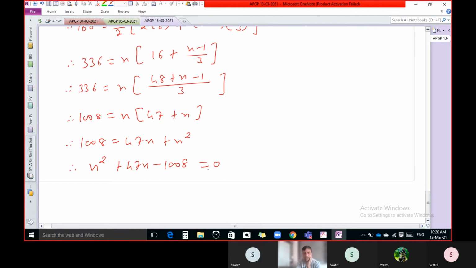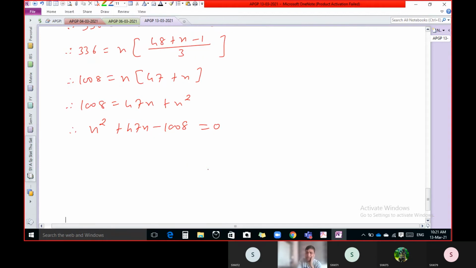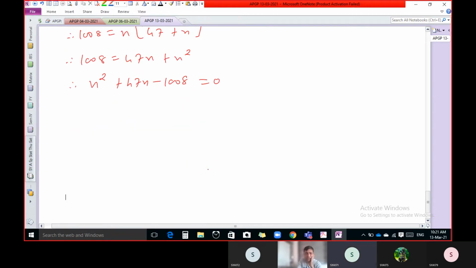Now factorize this 1008. If it is not simple for you, then you have to use this formula.